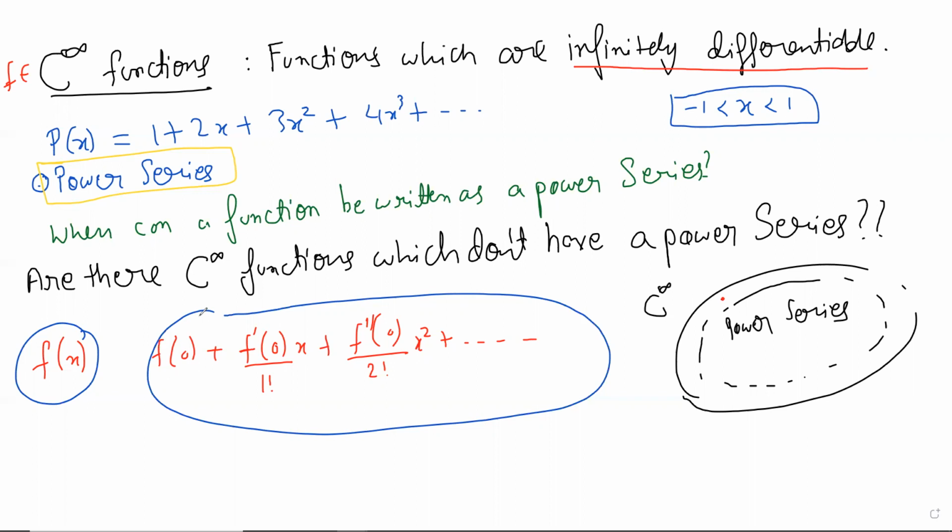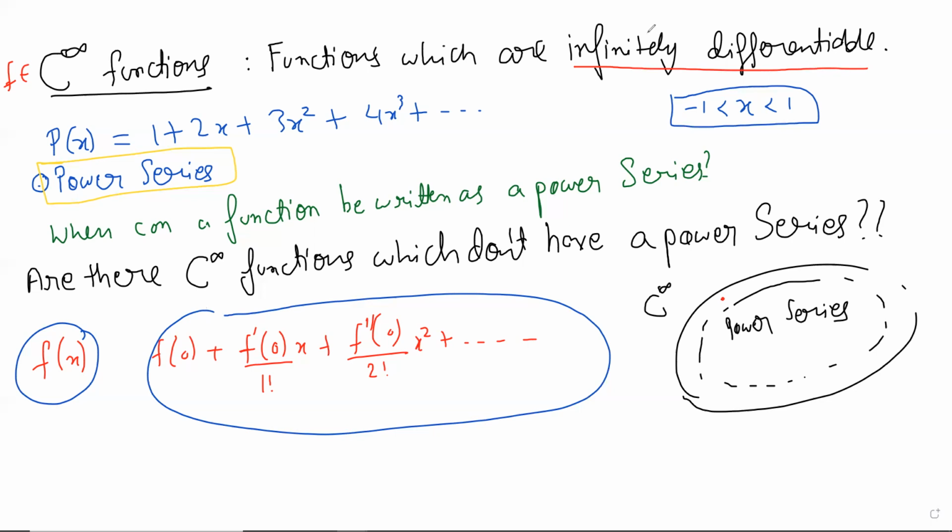If you do it till n terms, then it is a polynomial which approximates f(x) better than x to the power n, like the error goes to 0 faster than x to the power n goes to 0. But loosely speaking, it is the best approximation up to n. That doesn't mean that when you take this to infinity, it will be equal. There's no guarantee. The best approximation itself may not be good enough, right?